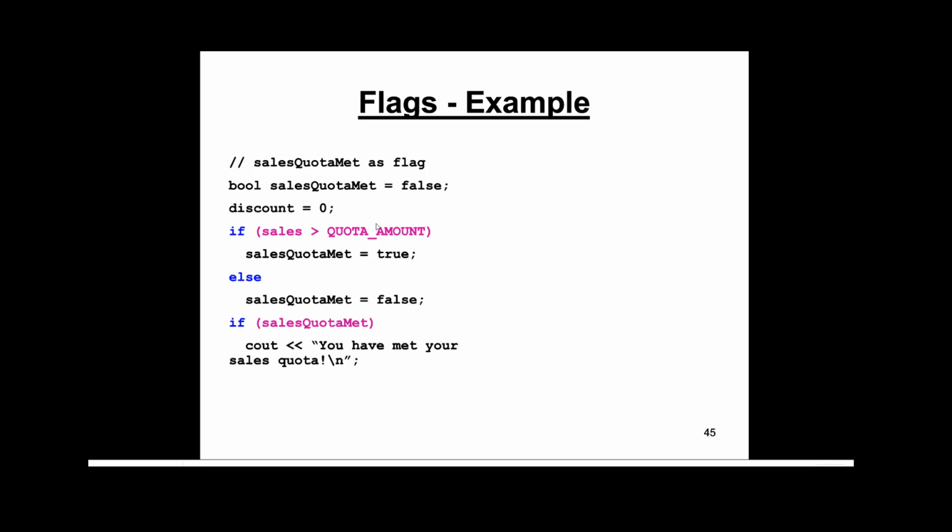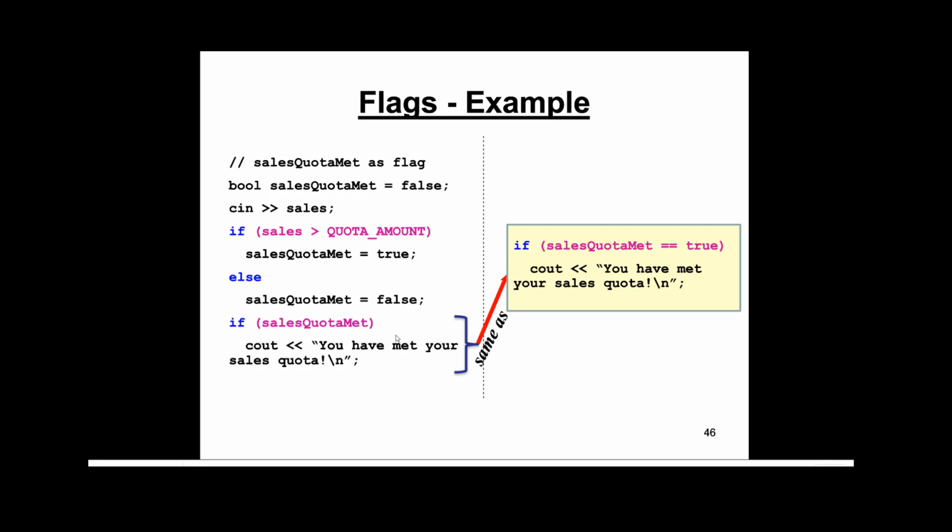But if the sales is less than a certain amount, then this statement will not be executed. So in this program, we have one if-else statement and one if statement. This flag in your if statement, if sales quota met, is the same as saying if sales quota met equals true. It's the same if statement.